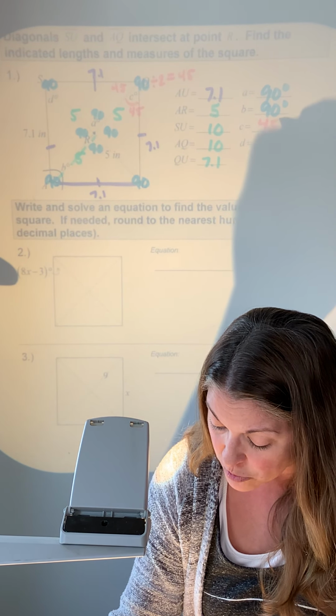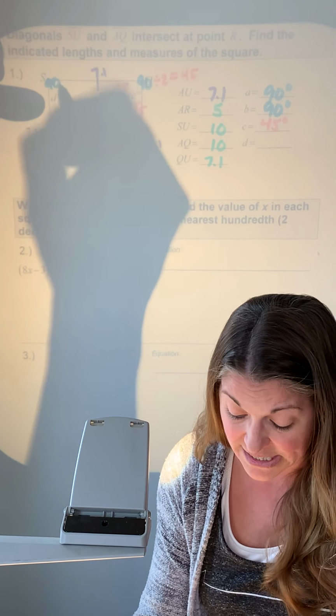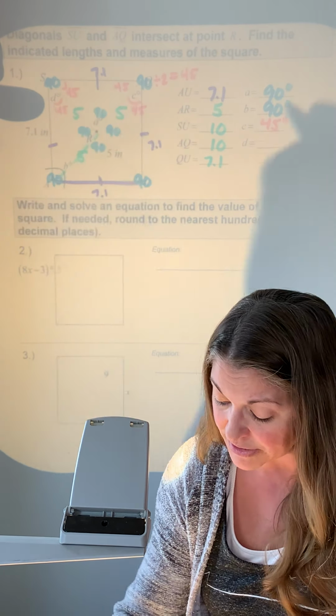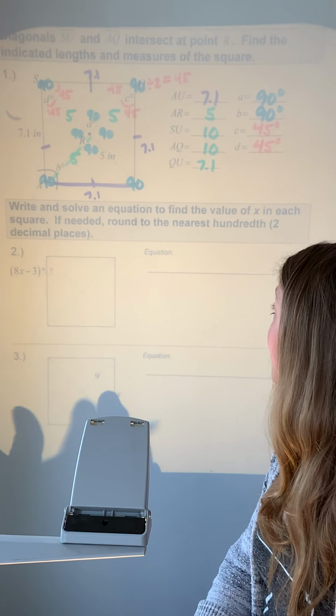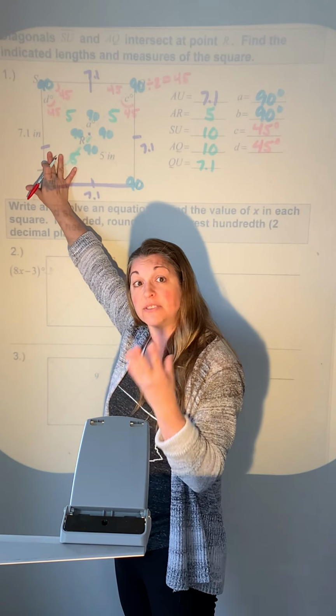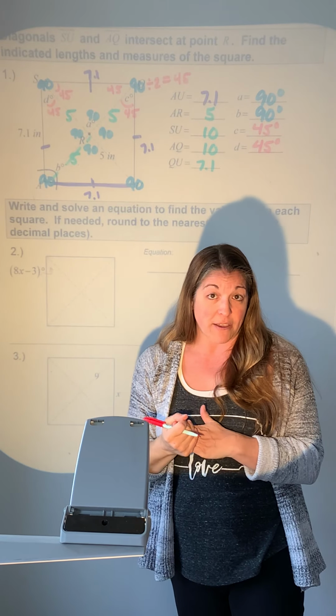So C is 45, and that same reasoning is working with D. On either side here, we're going to have 45 degrees. So that is not just a coincidence, guys. Anytime I ask you about angles within the square, the only options are 90 or 45.